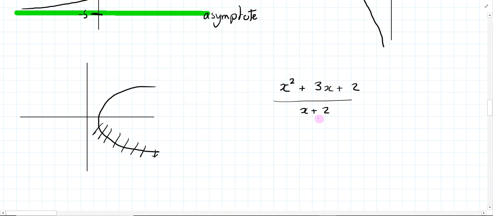But what we also looked at was if we factorise that: x plus 2, x plus 1, all over x plus 2.